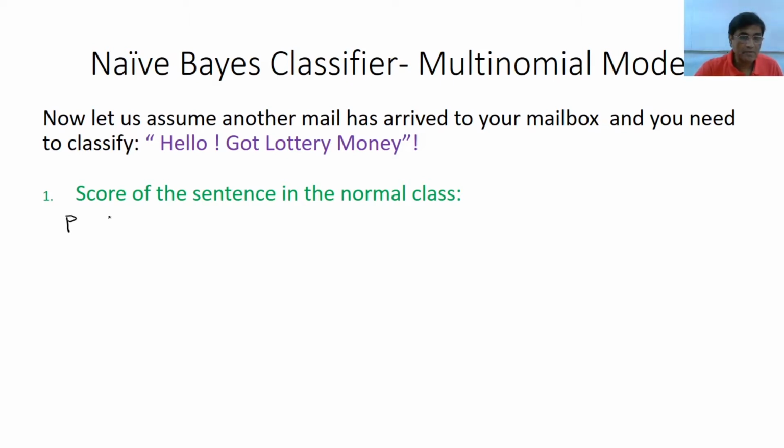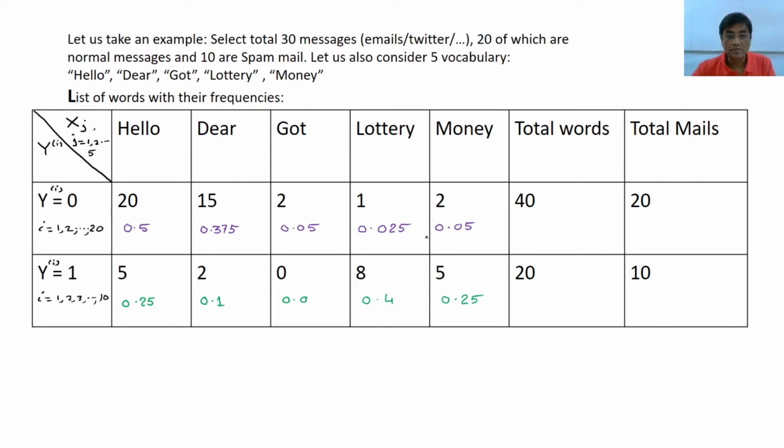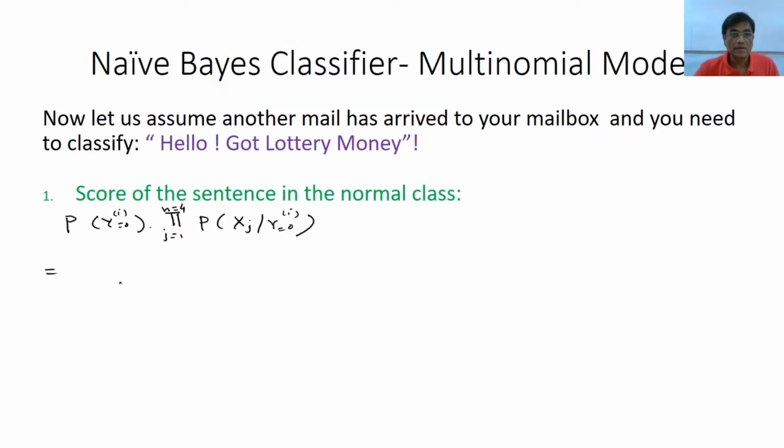We will have to calculate this probability, j equals 1 to n, here 1 2 3 4, right? So we have the table. From the table we can just take these values and calculate.